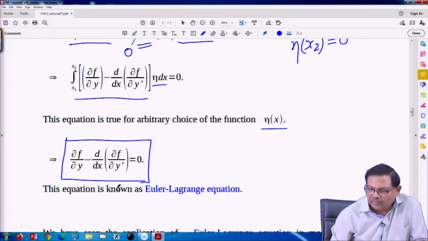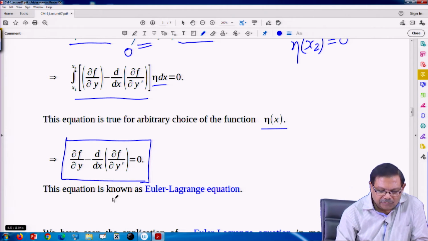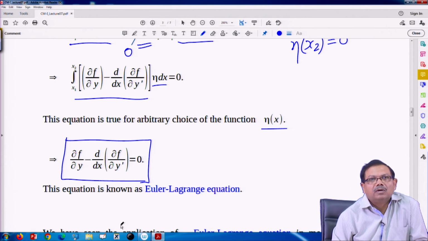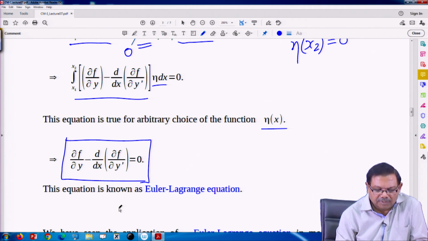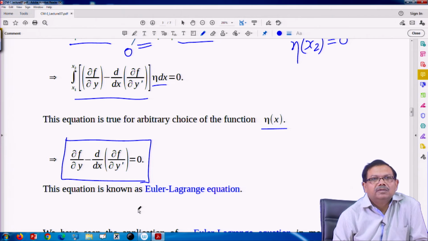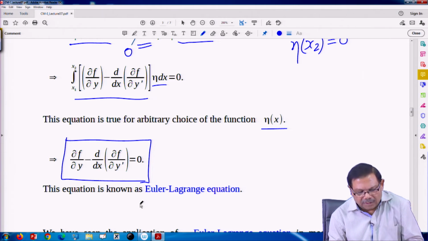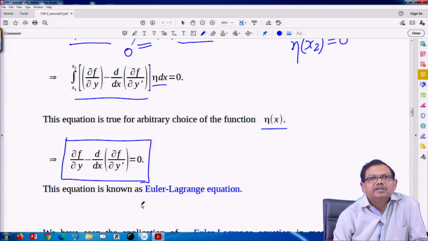we have something very similar to what we have done earlier, which we called the Lagrange equation. So, this equation is known as the Euler-Lagrange equation. Euler was the person who developed these things independently. Lagrange was working on problems related to mechanics, Lagrange and Hamilton, and Euler was developing various techniques for calculus.